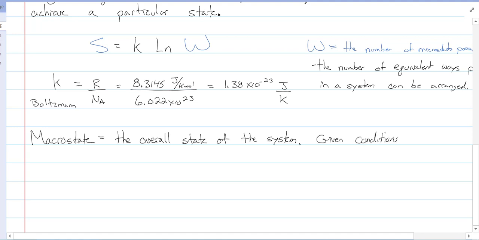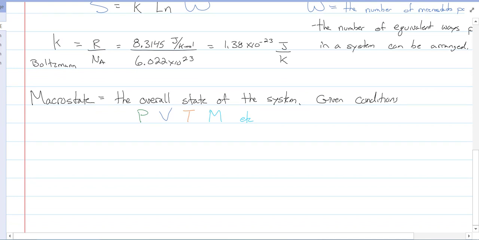This would be like pressure, volume, temperature, molarity, etc. That's a macrostate, the overall conditions.